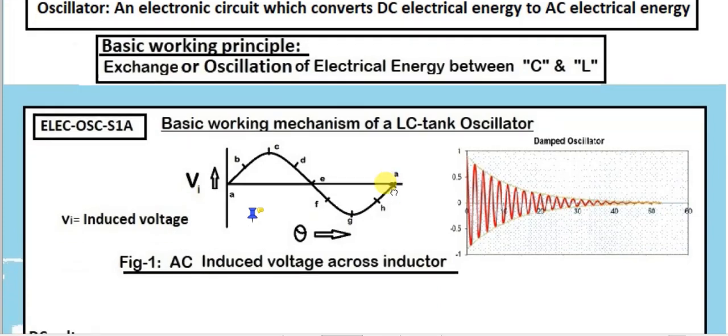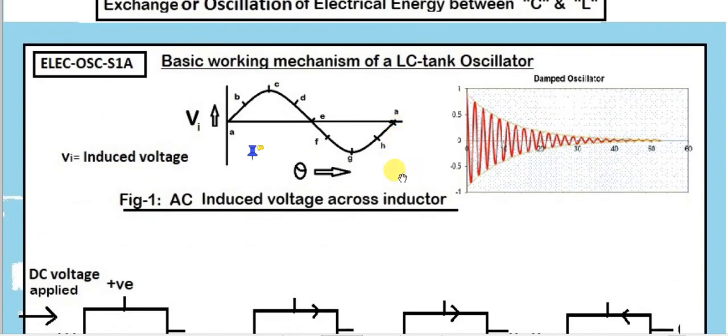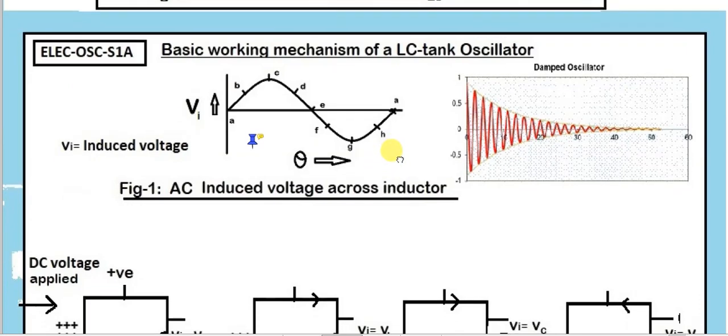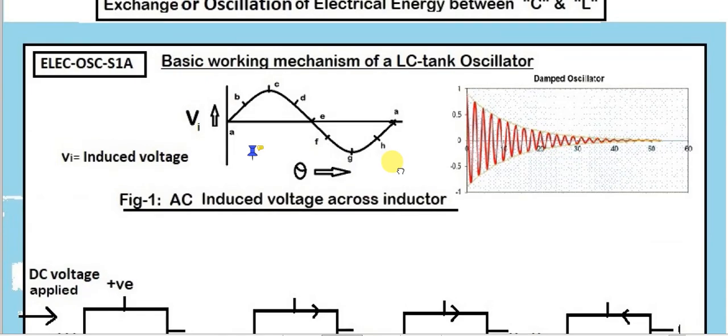In this slide, we are going to explain the detailed process of the conversion of the DC into AC. We will be taking into account the AC signal which is generated by what is normally also called the LC tank circuit.